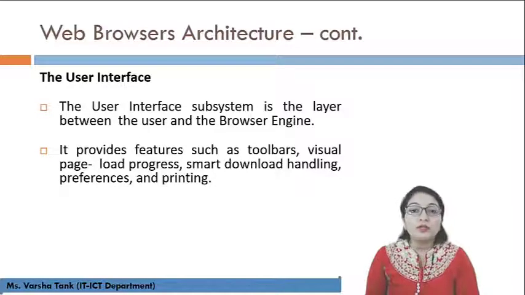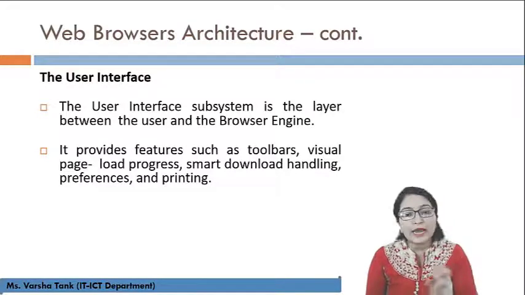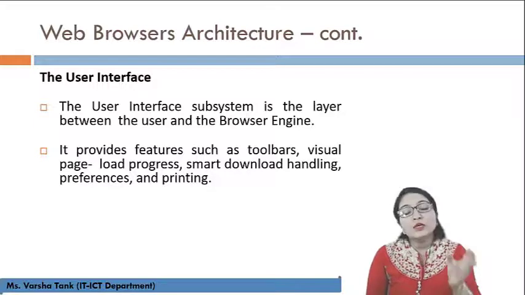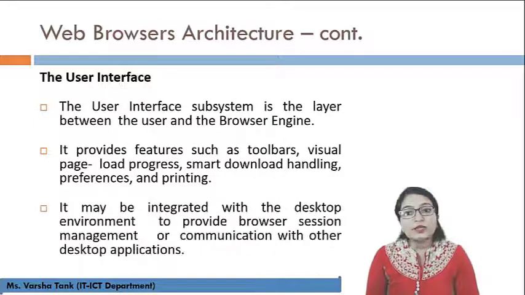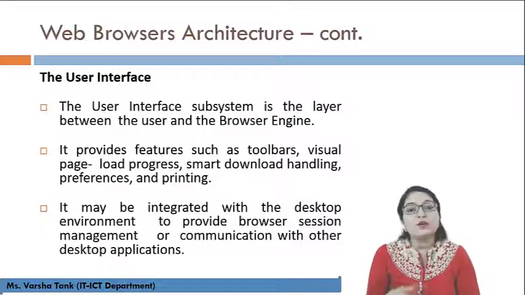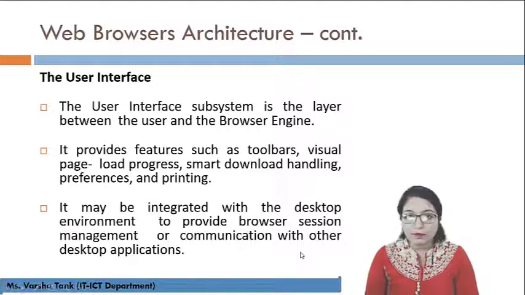That is the user interface. Through the tools available in your browser, you can do different tasks. It provides the interface to the user who is using the computer system for surfing. It may be integrated with the desktop environment to provide browser session management or communication with other desktop applications.